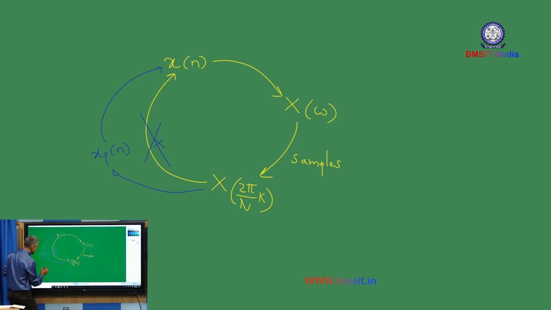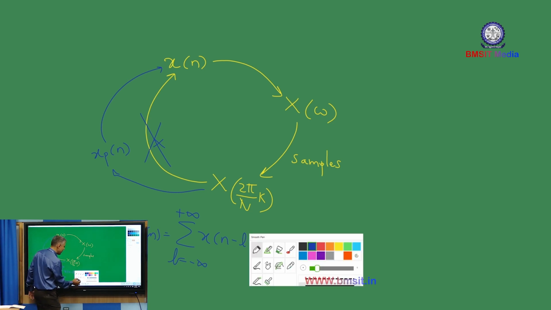So what was the relation between x_p of n and x of n? So x_p of n is nothing but the periodic repetition, that is the sum of x of n minus lN, l equal to minus infinity to plus infinity. So this periodic repetition has been obtained. Now it is very much clear that if you have x_p of n, you can always get back x of n.